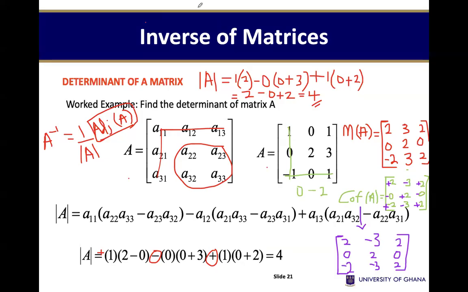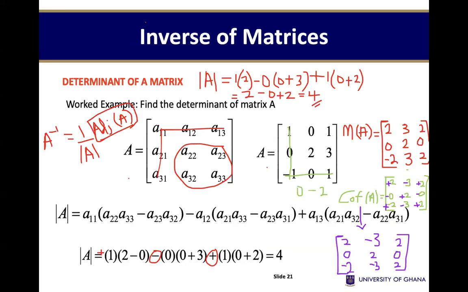So now to be able to get the adjoint means that we are supposed to transpose it. So transposing means that the whole of this first row will become a column for the adjoint. The whole of this second row will become a second column. The whole of this third row will become a third column. That is it. Work is done.